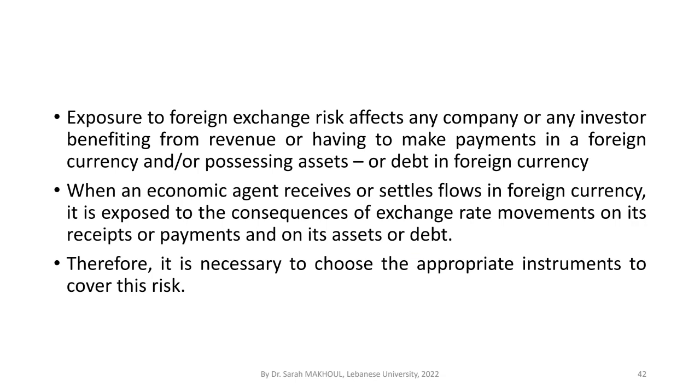Exposure to foreign exchange risk affects any company and any investor benefiting from revenues or having to make payments in foreign currencies, or dealing with assets or debts in foreign currencies.